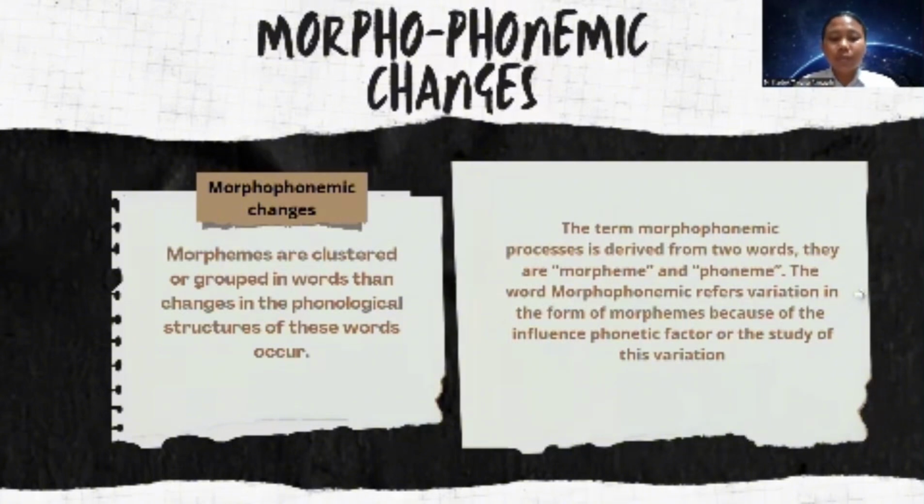In morphophonemics, we basically study the interaction between morphological and phonological processes and how they affect each other. Morphophonemic change usually occurs at morpheme boundaries and it involves sounds that are associated with separate phonemes.